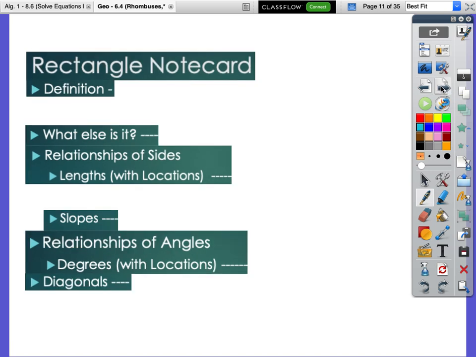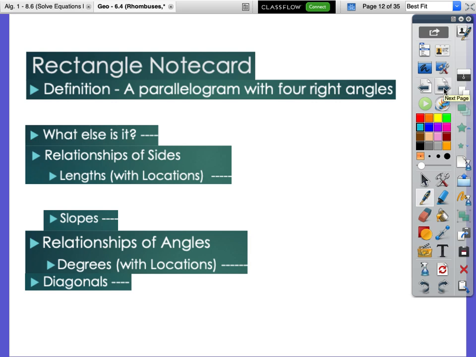Okay, so onto our rectangle note card. We're going to go through these next three: the rectangle, the rhombus, and the square. We're going to go through those a little bit slower because we haven't done the whole card yet. We're going to make sure we're all on the same page. So first of all, our definition. We haven't talked about this yet. This is new. A rectangle note card. The definition is a parallelogram with 4 right angles.